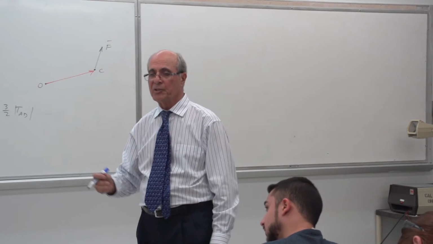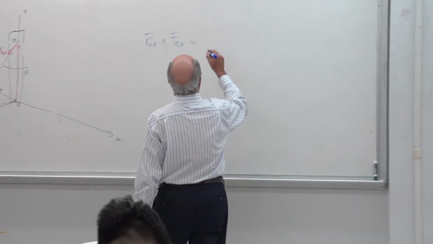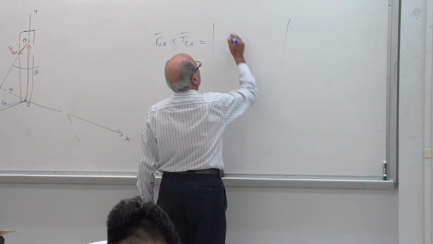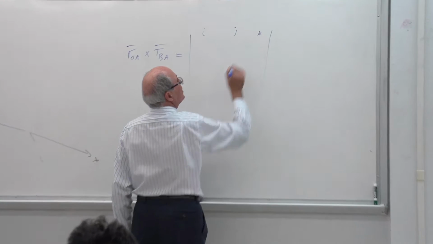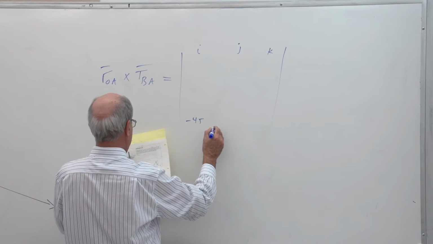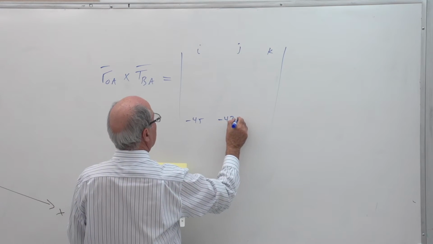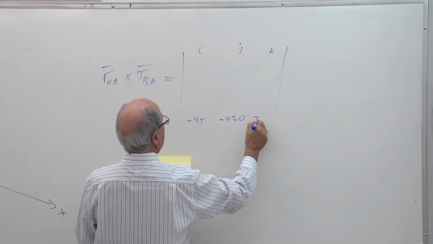Detail means step-by-step process. So that one is equal to, let's put it this way, I, J, and K, right? Force is the same, minus 45 was it? And minus 45, minus 420, and 360.